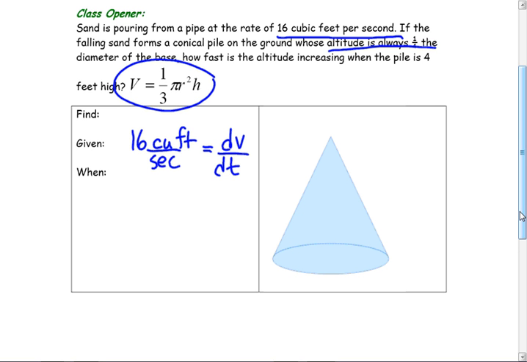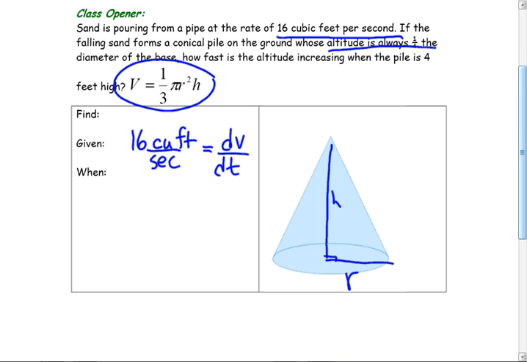We will label those things that change in time with letters. What do you want to call the altitude? H, and I'll call the radius R. It's just easier to stay with the accepted letters in the formula.